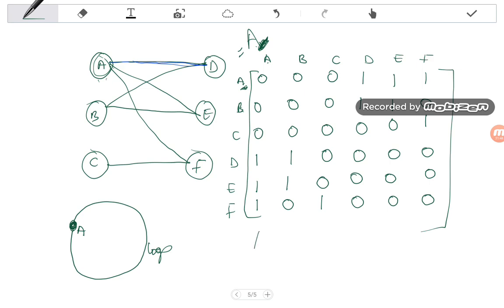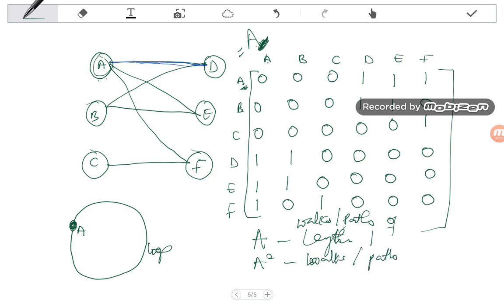So A tells us the number of walks or paths of length 1 in your network. If we square A, that will give us walks or paths of length 2. And if I want to know the number of walks or paths of length 3, all I need to do is to cube it.